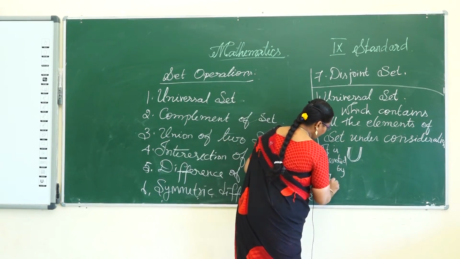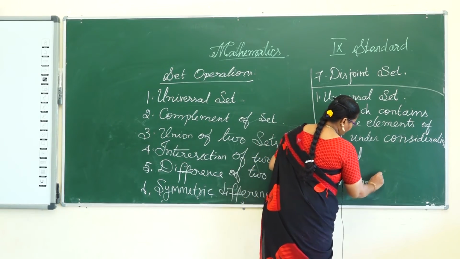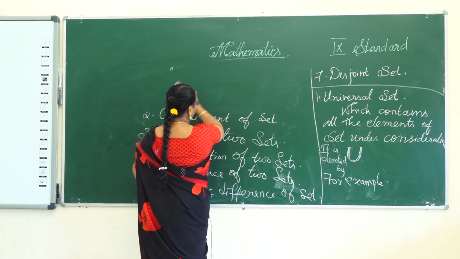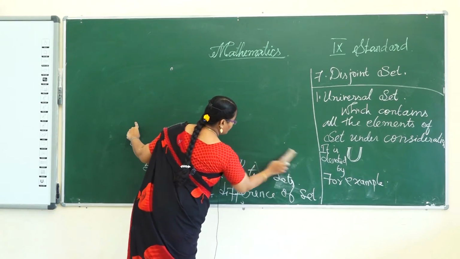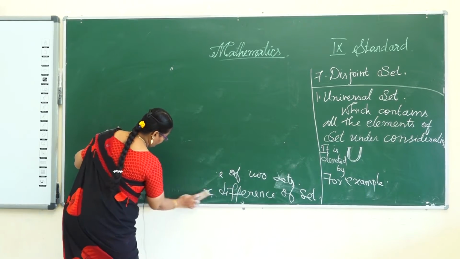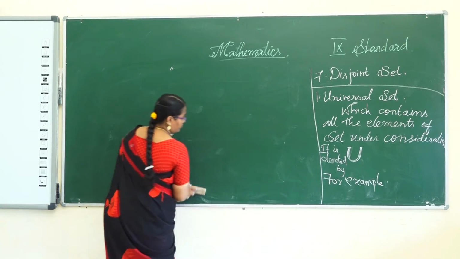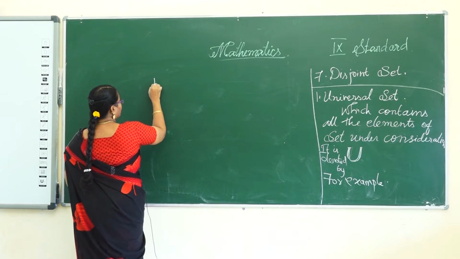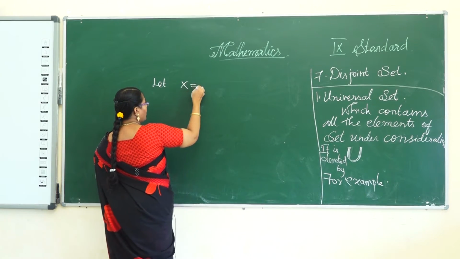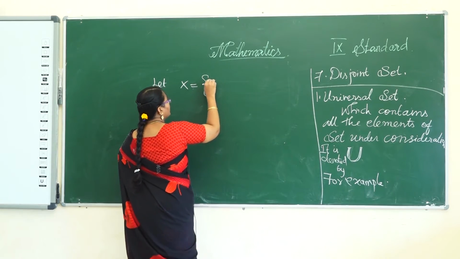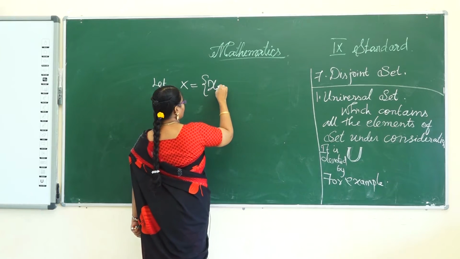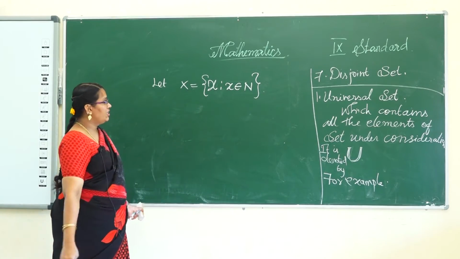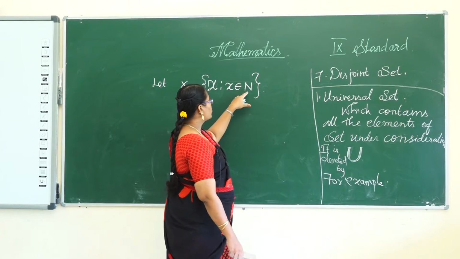For example, let us consider the set B, x such that x belongs to N. That means all natural numbers: the x values belong to the natural numbers.